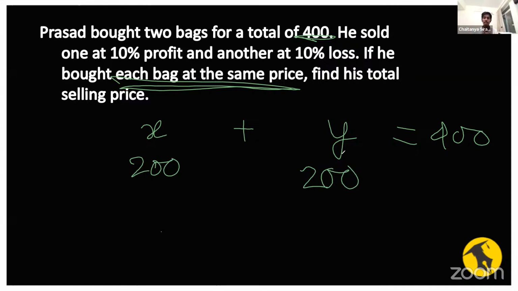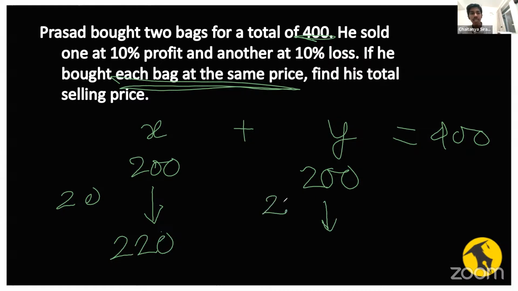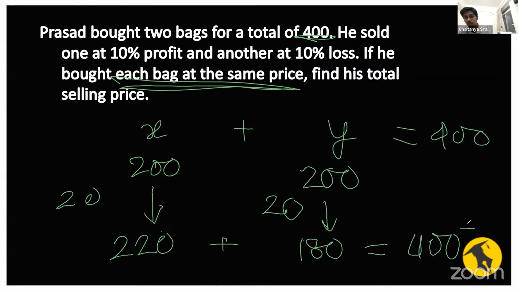Now what it says, he sold one for a 10% profit. So 10% of 200 is 20. So this one was sold for 220, and this one was sold at a 10% loss, so this was sold at 180. So what's his total selling price? This is nothing but 400 again.